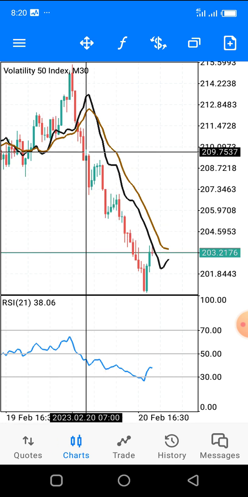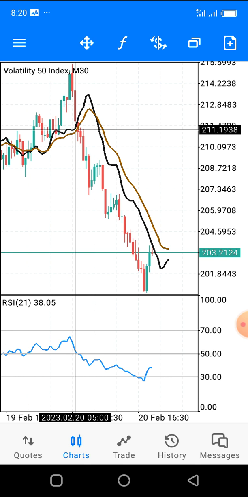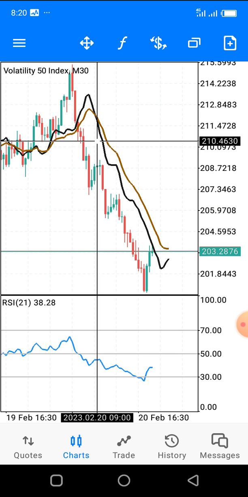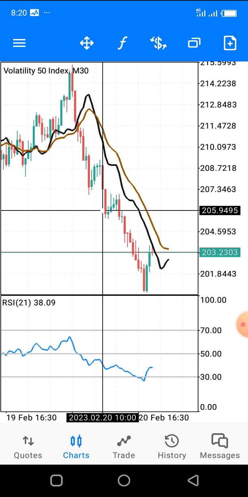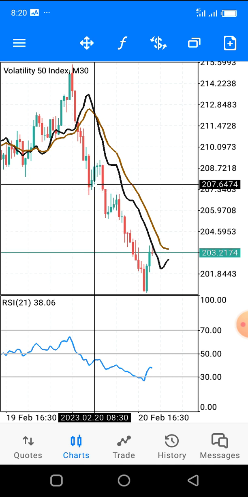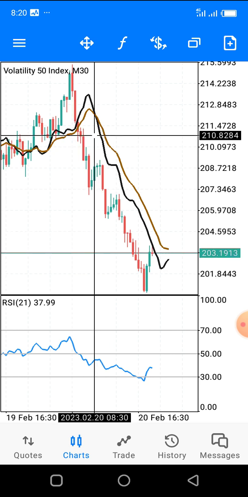Let me check. From this particular point where the crossover happened, 210.46. It fell below this point. That is, it fell over 400 pips if I'm not wrong.